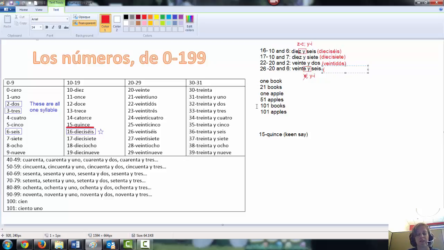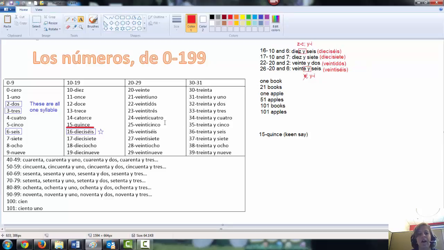So if we're doing 26, here's veinte, I drop the E, change my Y to an I, and then seis again is one syllable, so I'm going to add an accent over my E. So I could do 26 as veintiséis or veinte y seis. Okay, and so after having done just 22 and 26, you should be able to do all of your 20s. 20, 21, 22, 23, 24, 25, 26, 27, 28, 29.